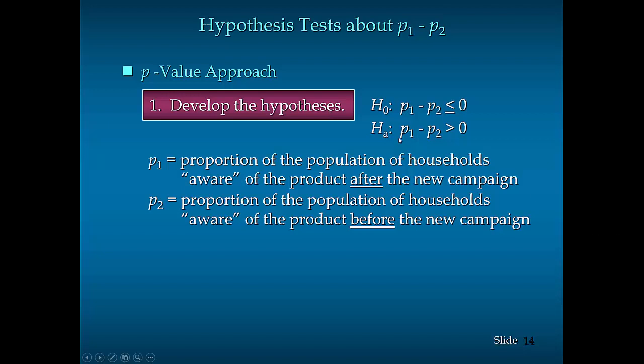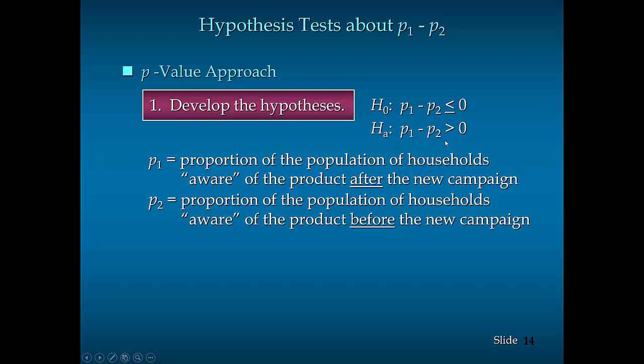P1 again was after the campaign, so P1 minus P2 is greater than 0. How did we get this? How do we know that the alternative was this? Well, I'm trying to test whether P1 is bigger than P2. If I add P2 to both sides of the bottom equation here, I get P1 greater than P2.